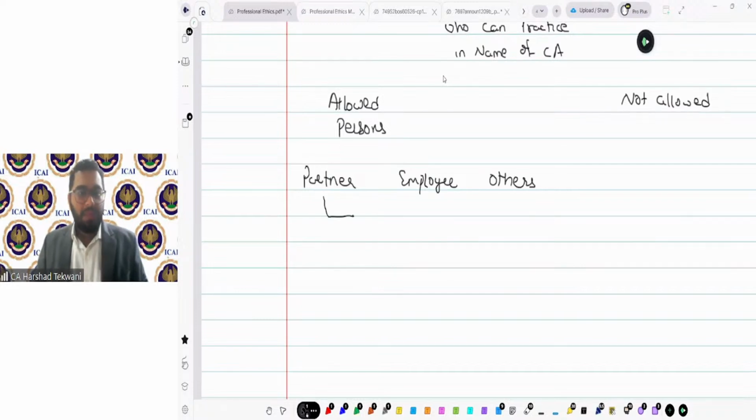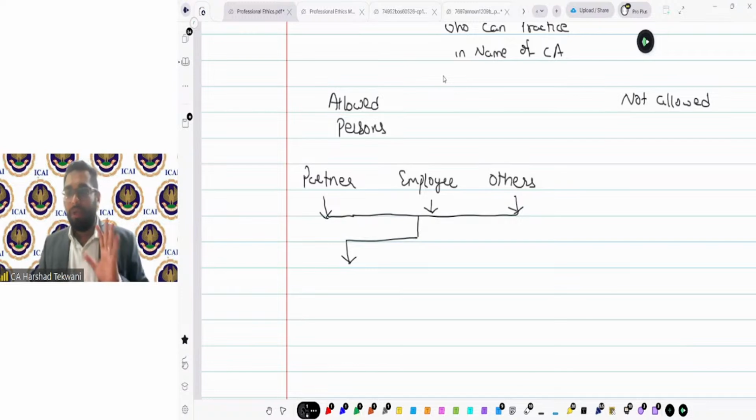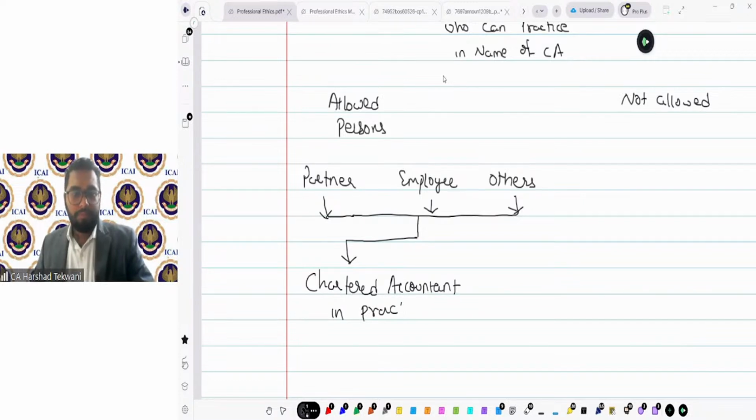All these three are allowed provided they are chartered accountants in practice.